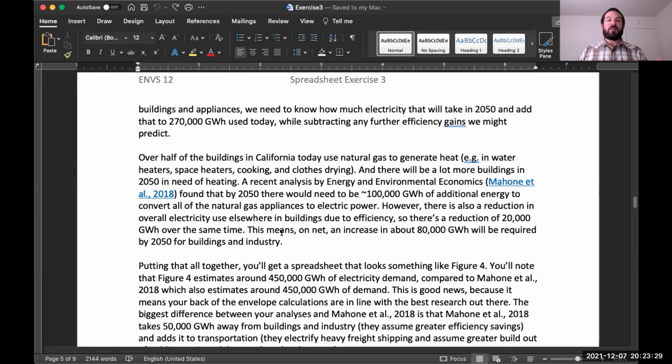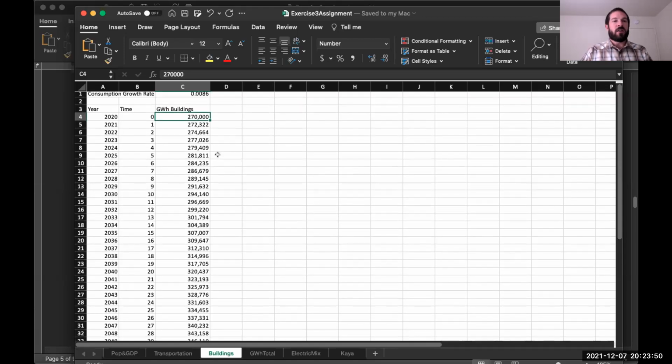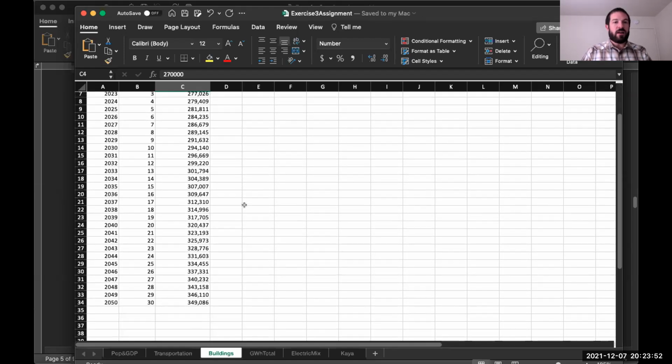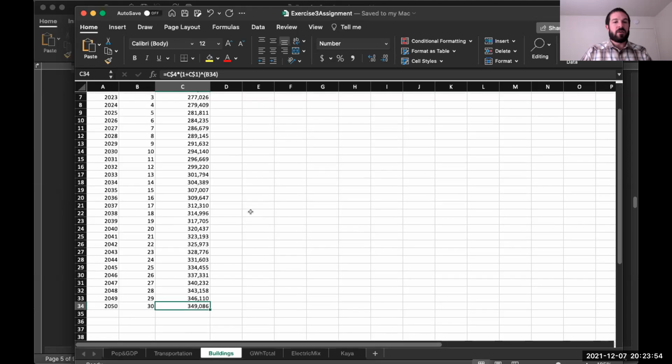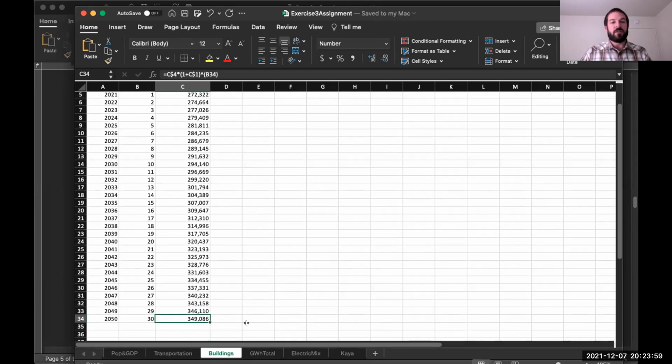But we're going to get some savings because everything's going to get more efficient. And so our total increase in gigawatt hours is about 80,000. Okay. And so how do we get to 80,000? Well, pretty straightforward. We reverse engineer a growth rate using the CAGR equation. And we go from 270,000 to approximately 350,000 gigawatt hours per year for buildings.